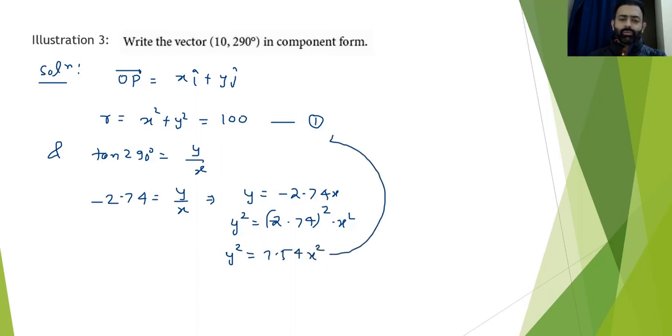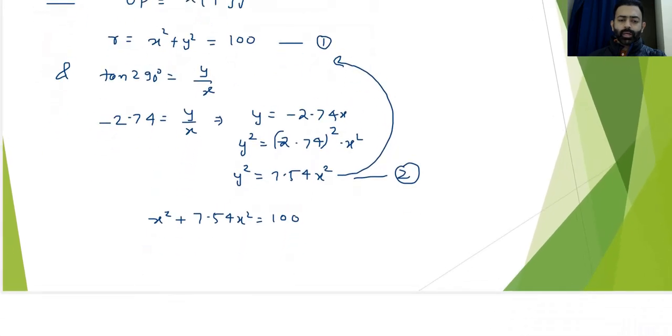Putting this in equation number 1, this is your equation number 2, I get x square plus 7.54 x square is equal to 100. Okay, that means 8.54 x square is 100. So x square I will get as 13.247.